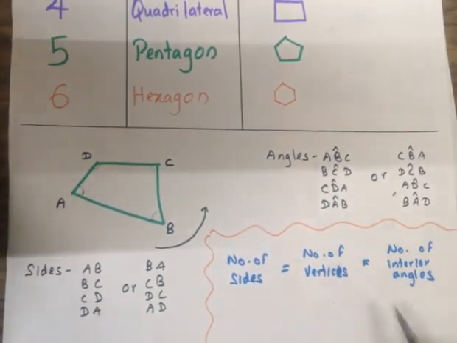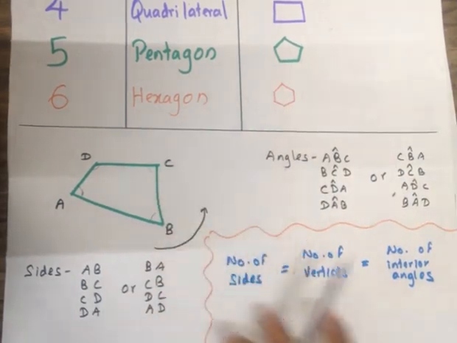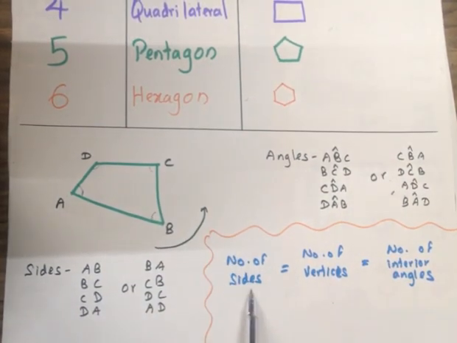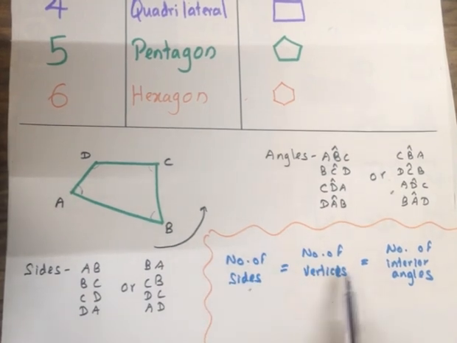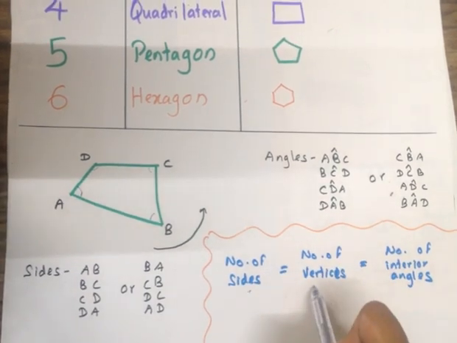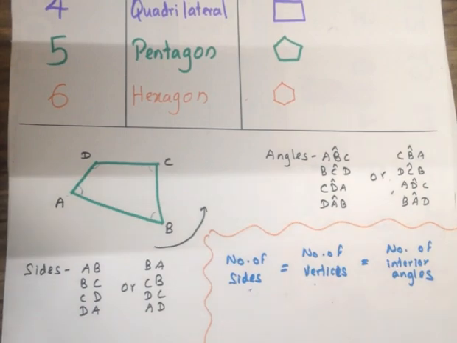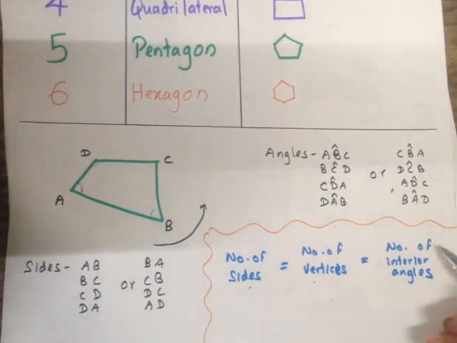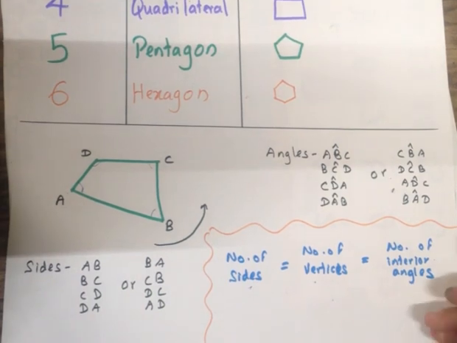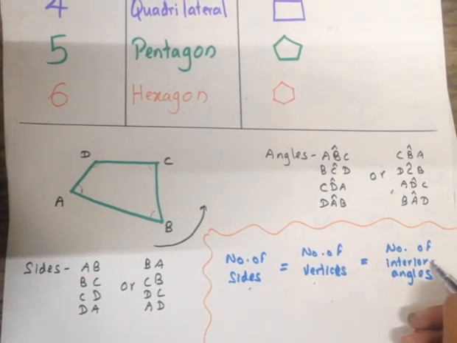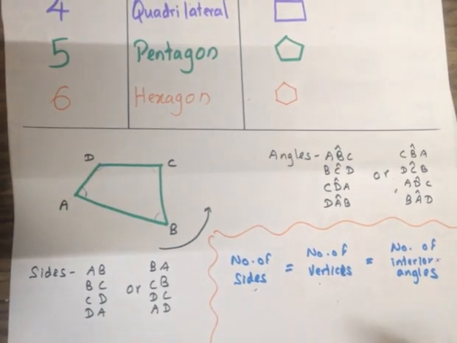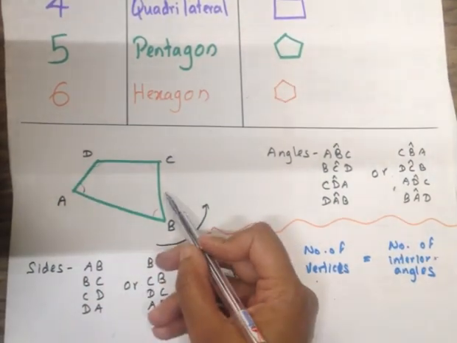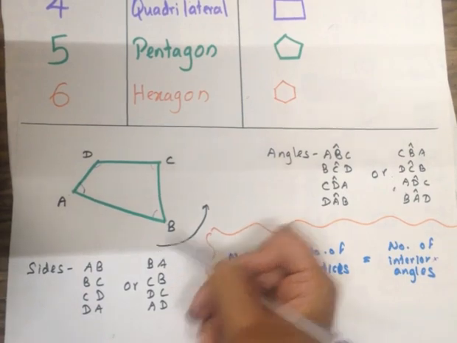So, for you to remember, in a polygon, the number of sides of the polygon is equal to the number of vertices of the polygon, which is equal to the number of interior angles of the polygon. I will explain later why I use this particular name interior. Because there can be exterior angles also.